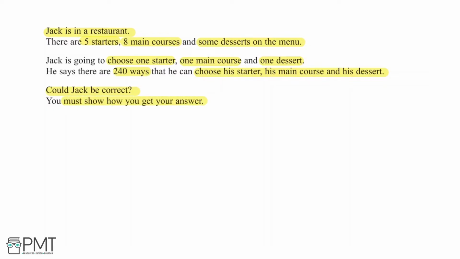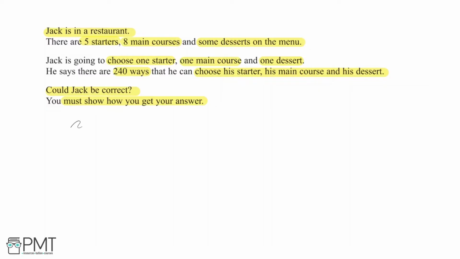Okay? So, what we need to do here is remember our rule of combinations. That rule states that if we have n choices for option 1, m choices for option 2, and p choices for option 3, the total number of choices is the product of them.